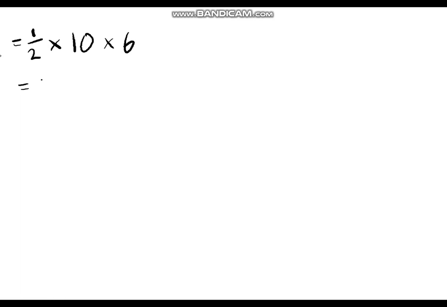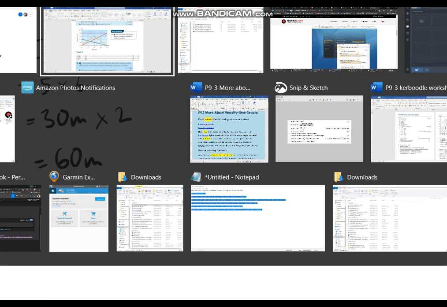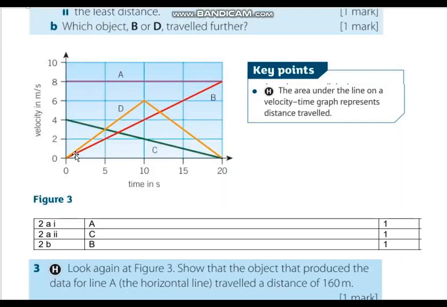So a half times 10 is just 5, times 6 is 30 meters, and we had two triangles to work that out for, so all we need to do is multiply that by 2, and that will give us an area of 60 meters. So that means that the area underneath D is the area of this triangle plus the area of this triangle, which we've just worked out is 60 meters.